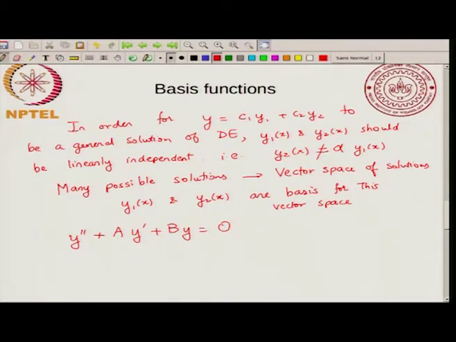This is extremely nice because you see a connection between what we were talking about in terms of basis vectors for a vector space and solutions of a differential equation. And remember, this is only valid for homogeneous equations.